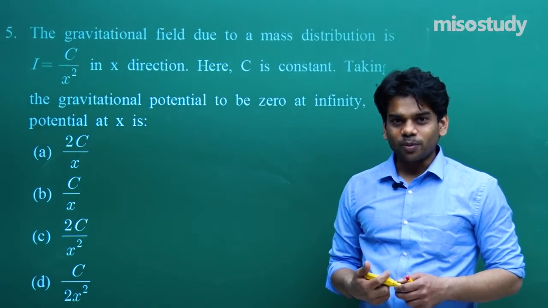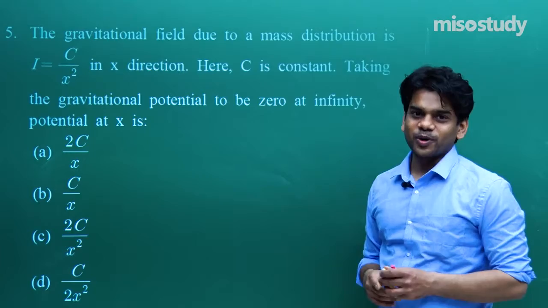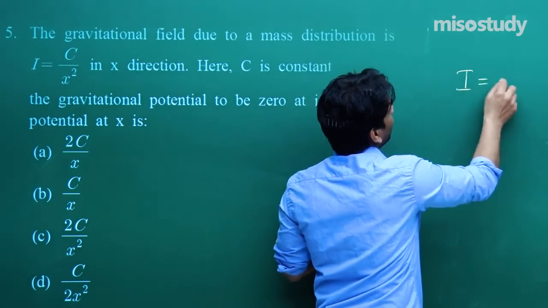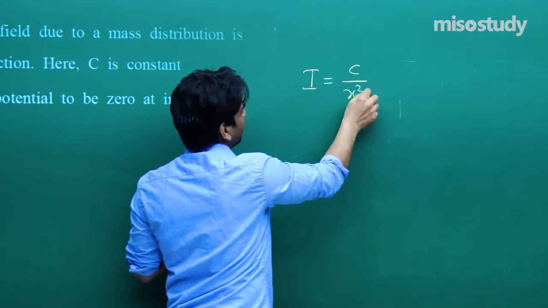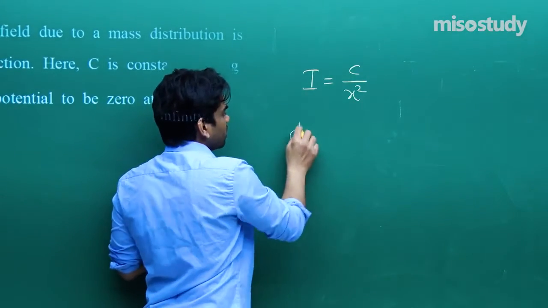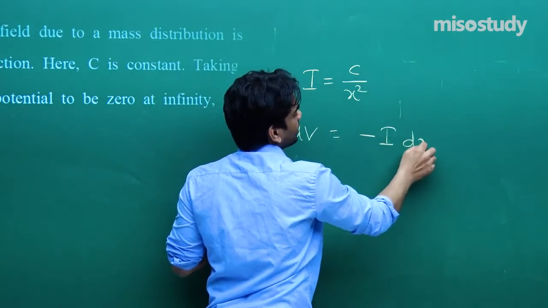I believe that you should be remembering the relation between gravitational field and gravitational potential. It's given that the gravitational field intensity I equals C upon x square. If you remember, I told you dV, the small change in potential, is equal to minus I dx.